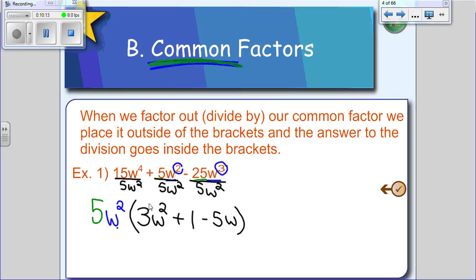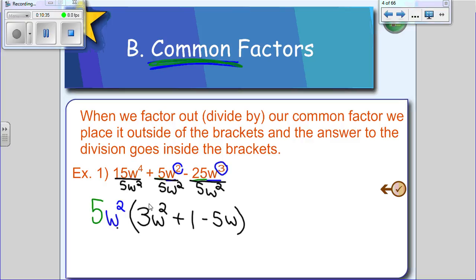If you have the GCF, can you further simplify that? That's a good question. You always want to make sure. You look in the brackets, and you could check again for a GCF.